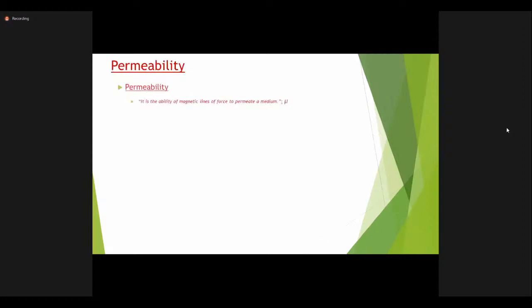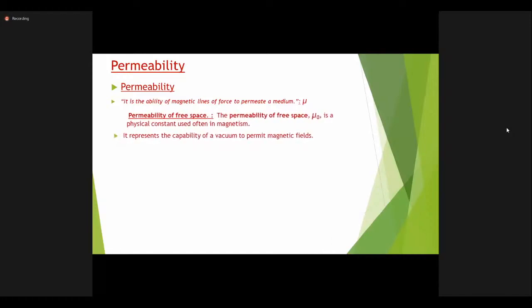Permeability. As we have seen permittivity as the ability of the medium to allow electric lines of force to pass through it, permeability is the ability of the medium to allow magnetic lines of force to permeate through it or to flow through it. Similarly, permeability of free space is the ability of free space to allow magnetic lines of force to pass through it.